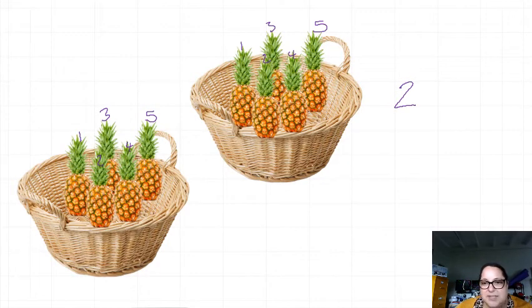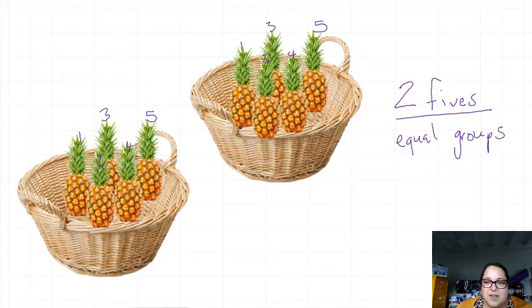So I could say there are 2 5s. I also notice there are equal groups, which if I use my skip counting or even my repeated addition, I have 10 pineapples in total. So 5, 10.